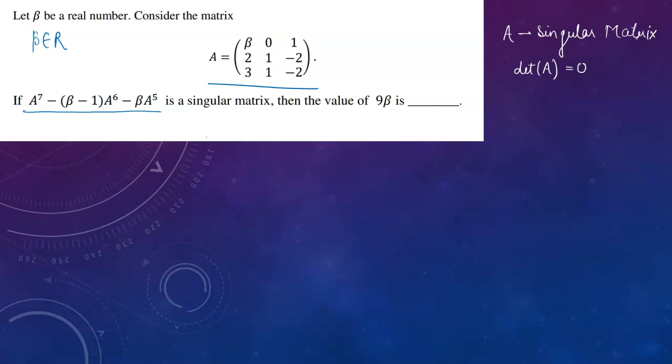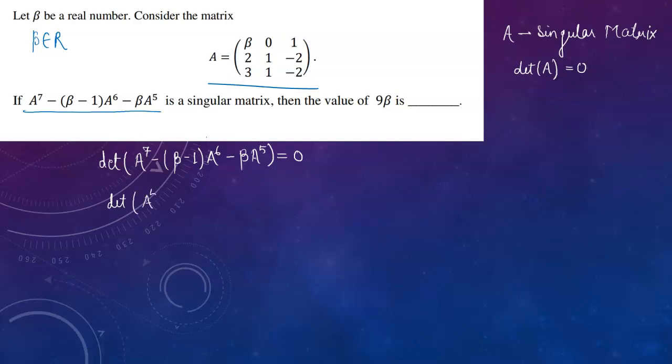So if I write the statement, determinant of A to the power 7 minus (beta minus 1) A to the power 6 minus beta A to the power 5 is equal to 0. Let me take A to the power 5 as common, since it is common.